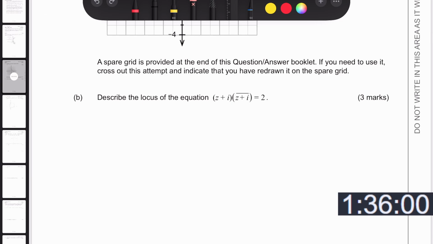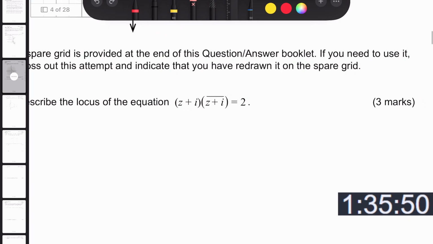Describe the locus of the equation of z plus i, and then we have to multiply that with the conjugate of z plus i.